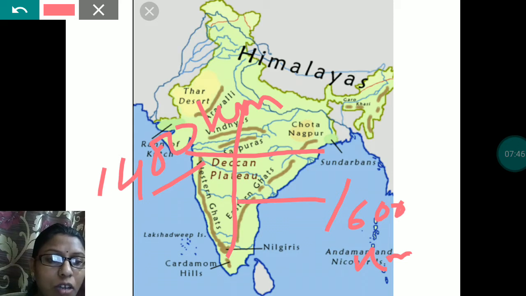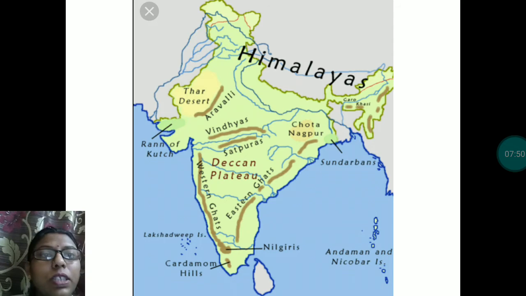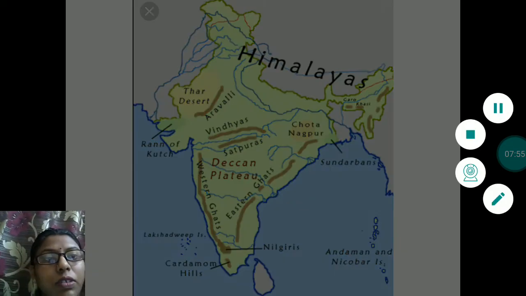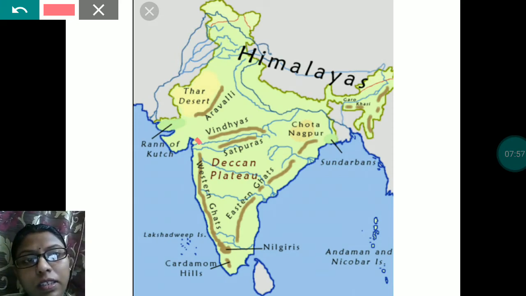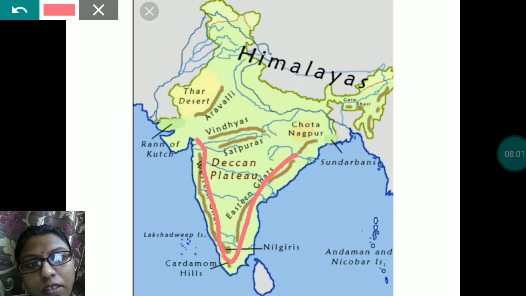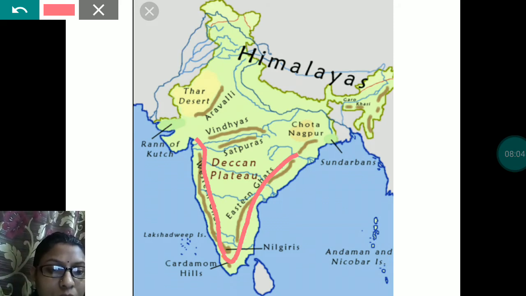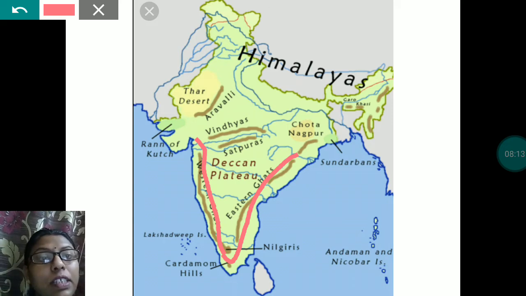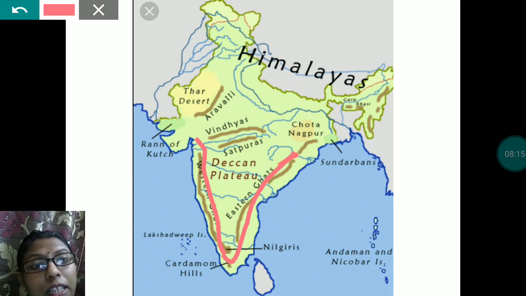It slopes down from west to east. See here, these are the slopes. Clear? And the Southern Plateau is bounded by a chain of hills on its eastern and western parts. Here these are the chains of hills.